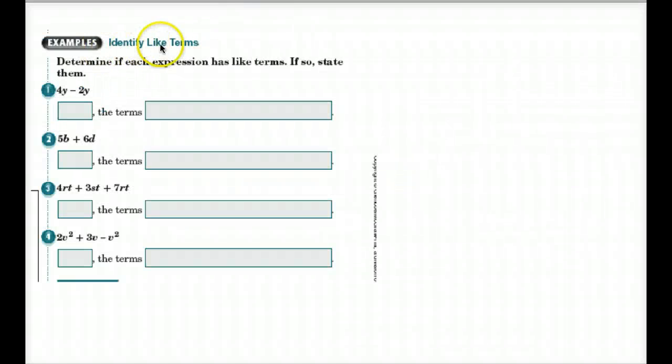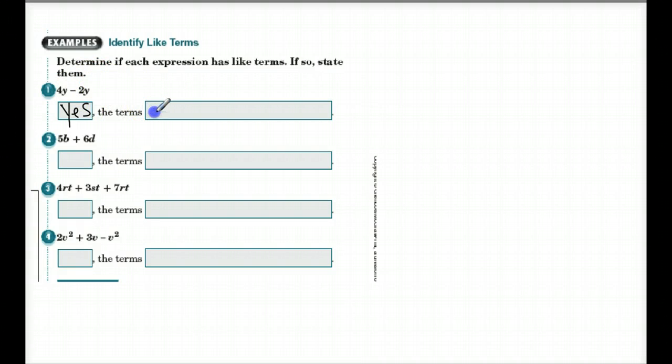Okay, next part, we're identifying like terms. It says determine if each expression has like terms. If so, state them. So we have 4y minus 2y, and we put here yes. Yes, because they have like terms.